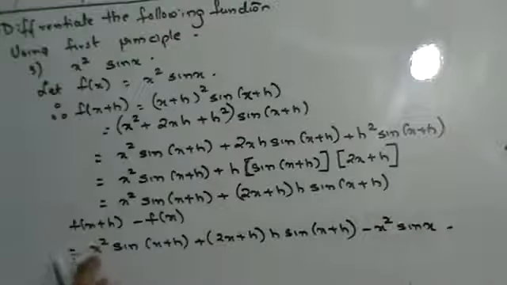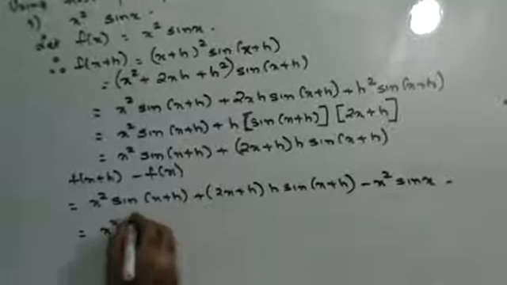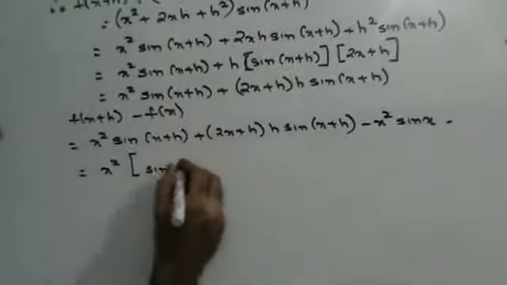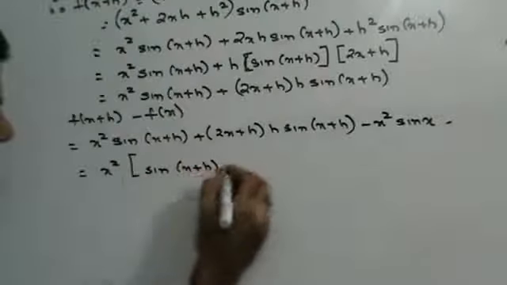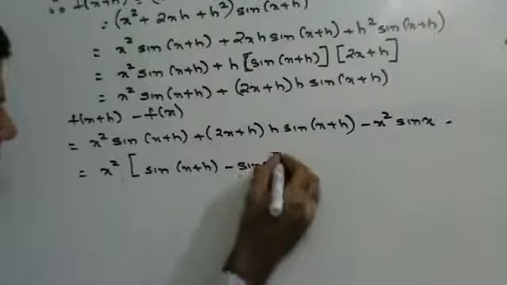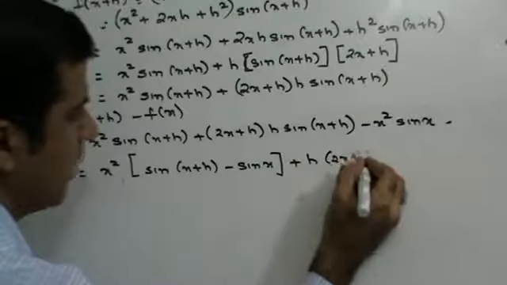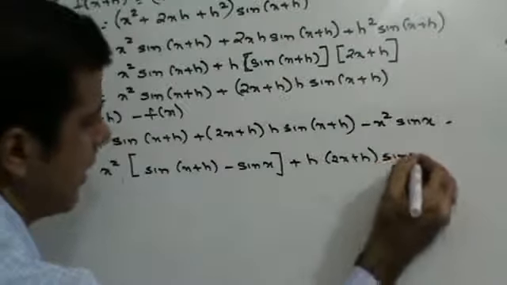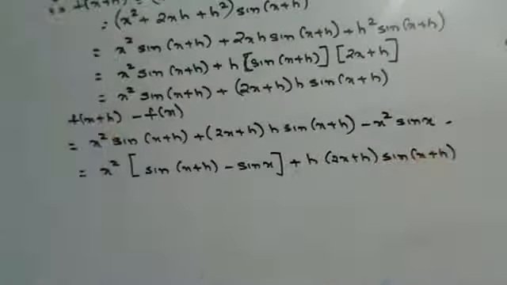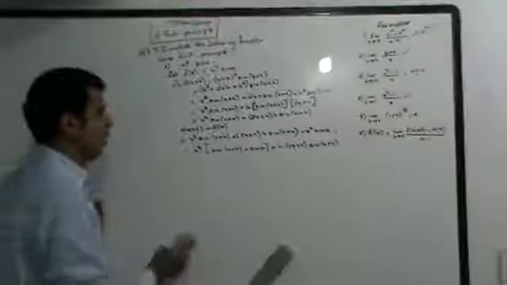Now between the first term and the last term I can take x square common, in which case you will have sin(x plus h) minus sin x, plus h(2x plus h) sin(x plus h).